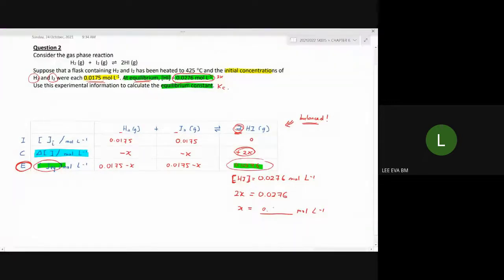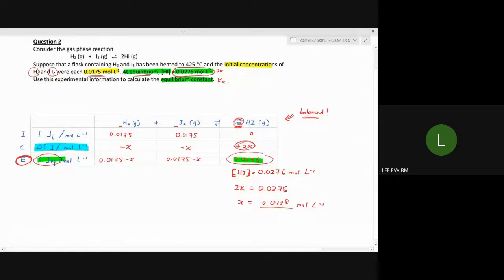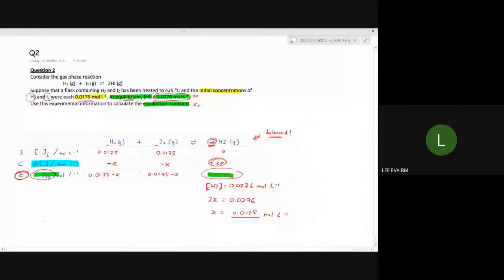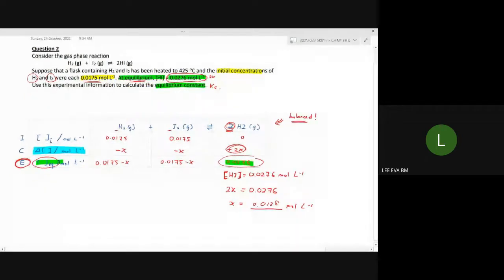Okay, so I use green color over here lah to indicate equilibrium HI. Okay, so 0.0138. So now the questions asking for Kc. Before we want to calculate anything, kejap ya. So now you got the value of X. Sebenarnya awak boleh terus kira concentration H2 I2 over this part.